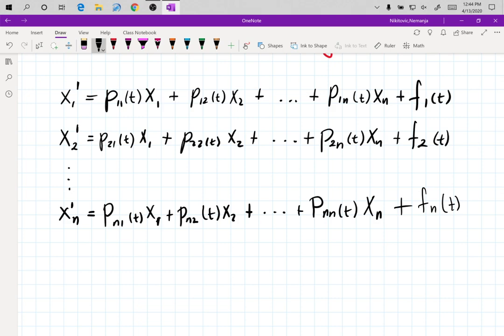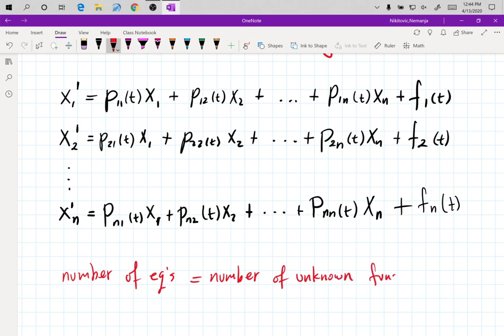So the number of equations equals the number of unknown functions. In our case, xn. So that has to match.